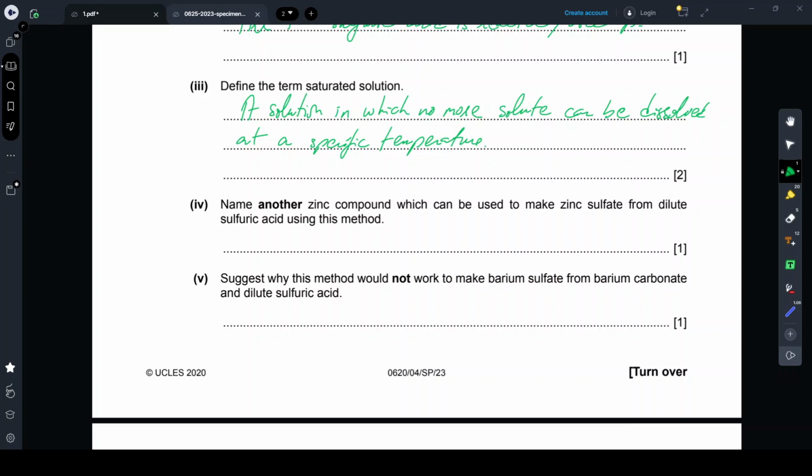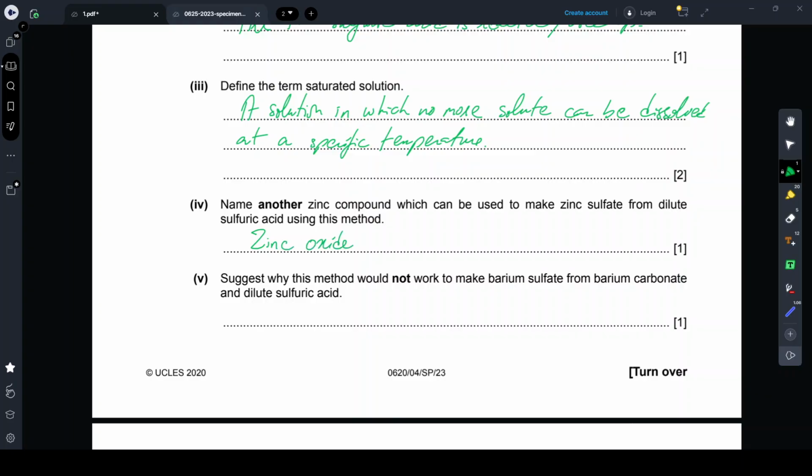All right, name another zinc compound which can be used to make zinc sulfate from dilute sulfuric acid using this method. Zinc oxide. Okay, so zinc oxide works. Or zinc carbonate, but you already used zinc carbonate.